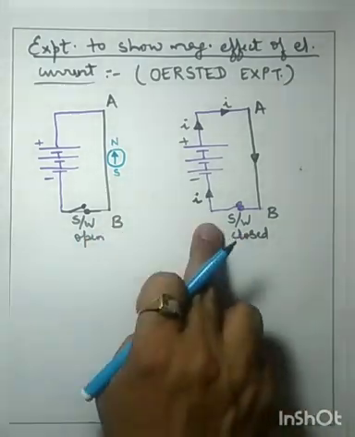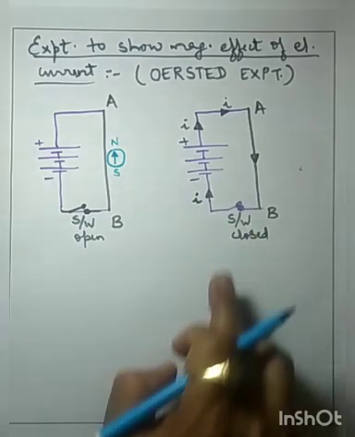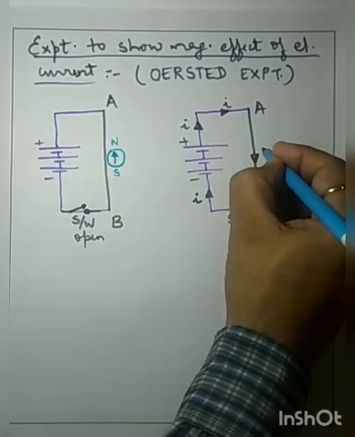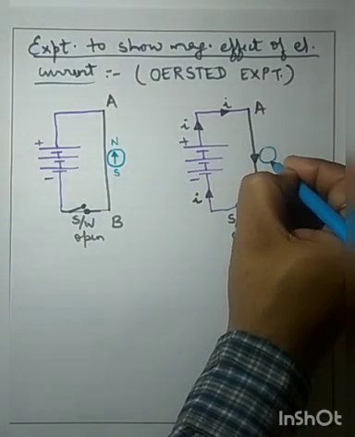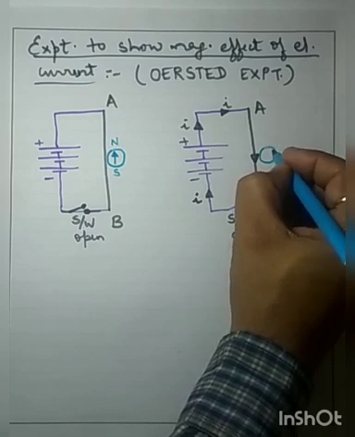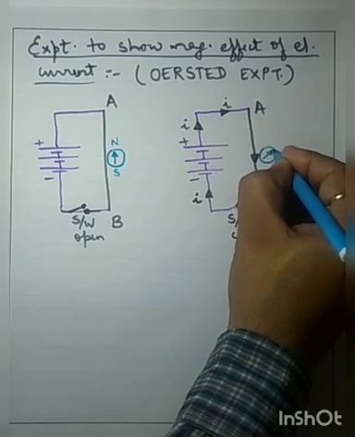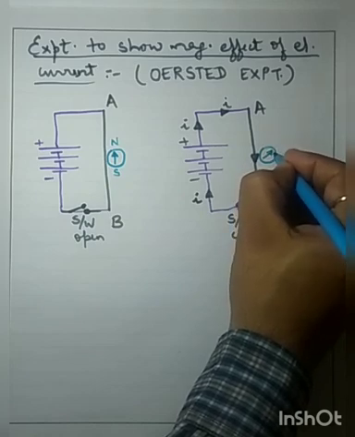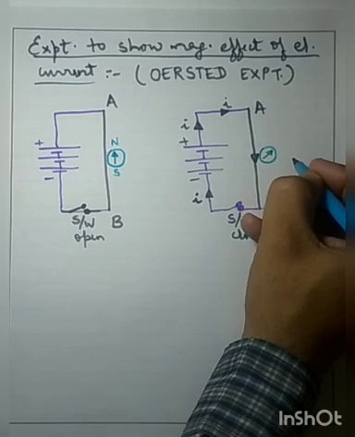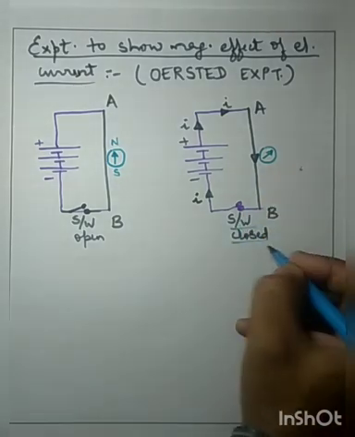And as soon as we close the switch, the current will start from the positive terminal of the battery, and what will happen to the magnetic compass arrowhead? It is observed that the arrowhead is displaced as soon as we close this switch.